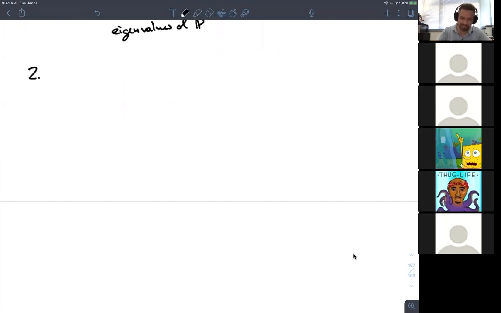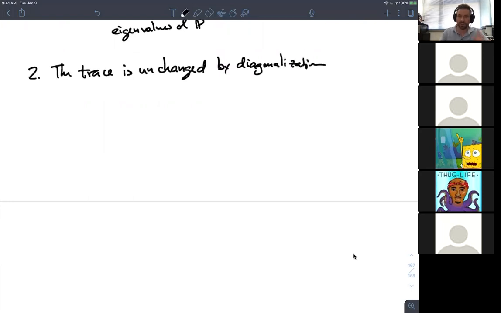The second cool property of matrices is that the trace is unchanged by diagonalization. In other words, the trace of P is equal to the trace of D. Again, just a property of the trace.